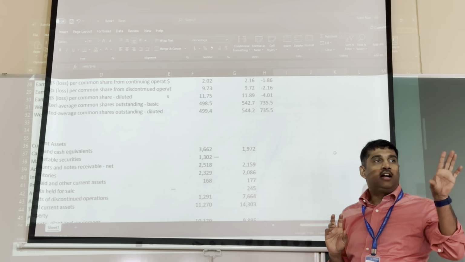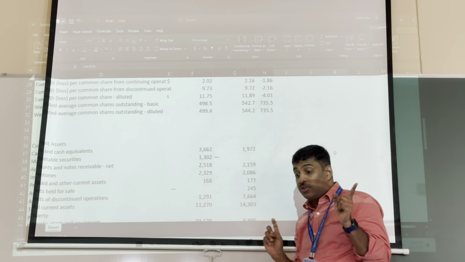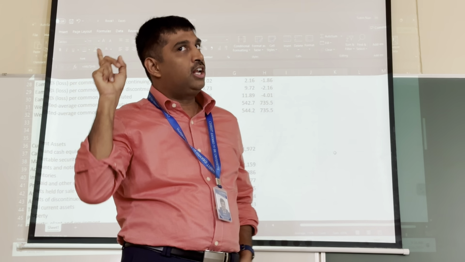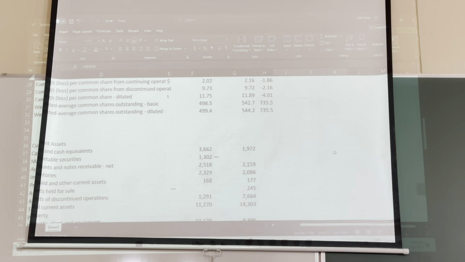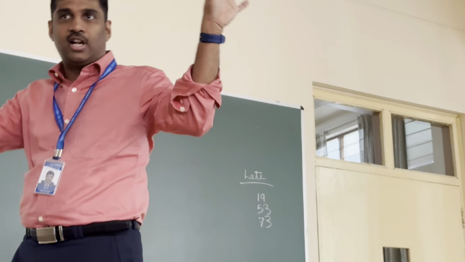You should be calculating all ratios. Now listen, in your Excel, you should be calculating all ratios. But if you are commenting about liquidity, you don't need to show those calculations in the Excel. In the Word document, the report, you should simply mention that the current ratio has changed from so and so, or that the liquidity ratio has improved because the quick ratio has improved, and this is the reason.